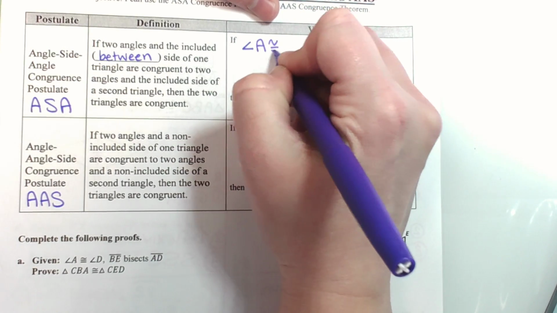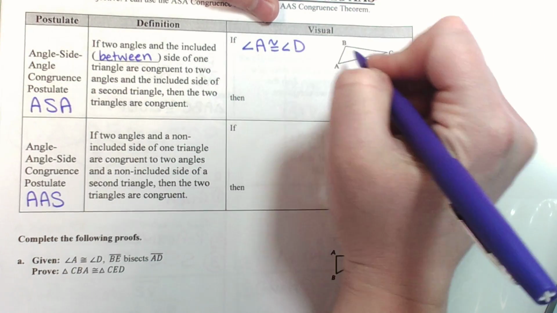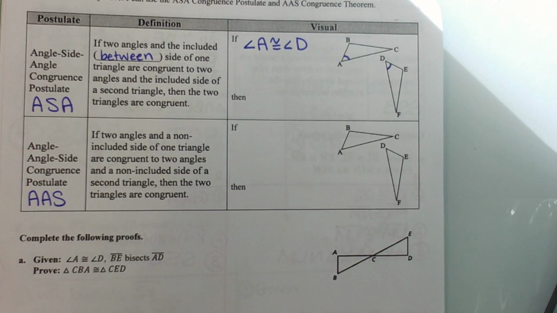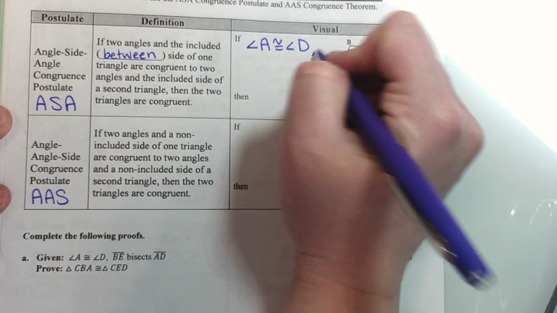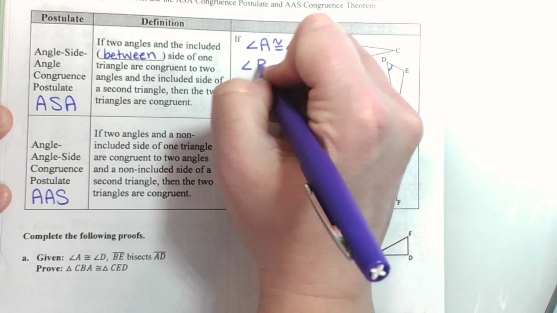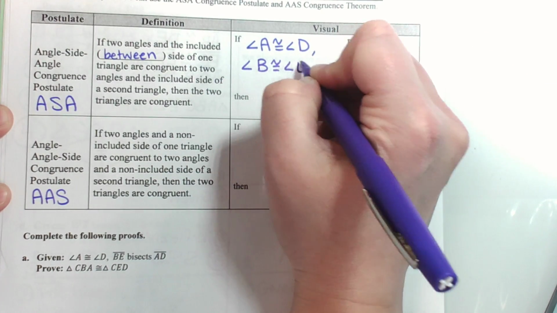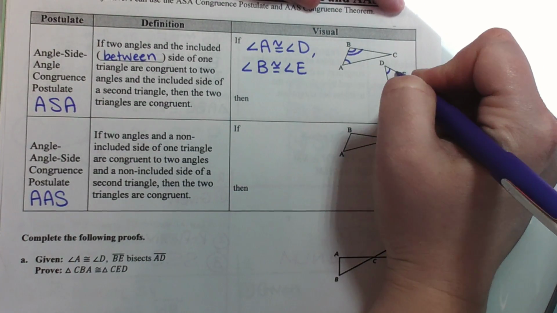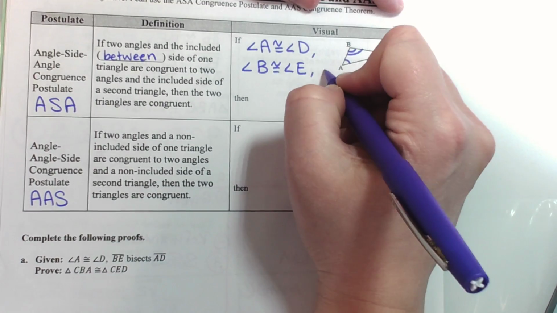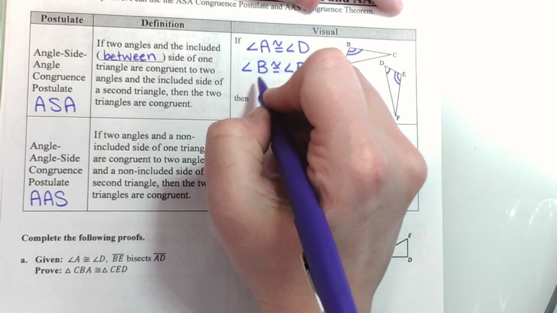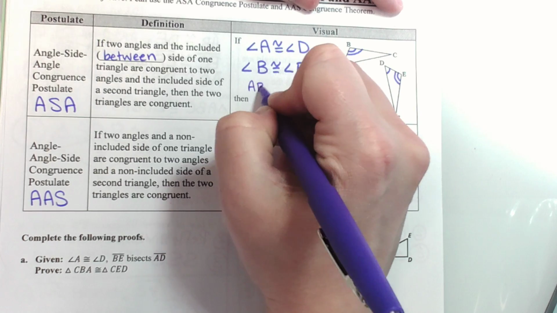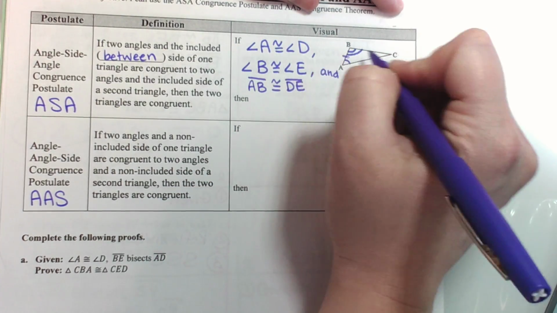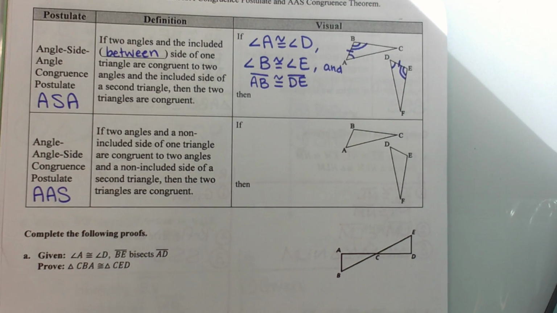It's going to be like angle A is congruent to angle D. As well as you also know that angle B is congruent to angle E. I'm going to do the double angle marks for that one. And you know that the side between them, AB, is congruent to DE. That is what angle side angle looks like.